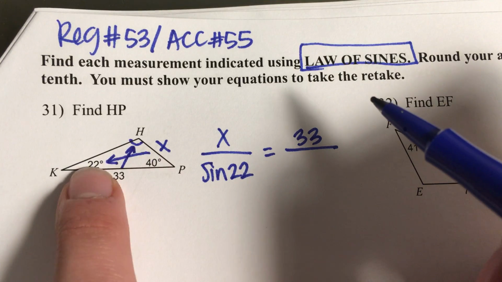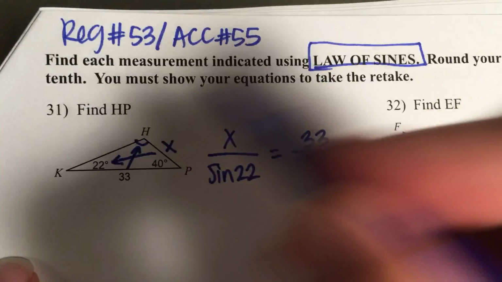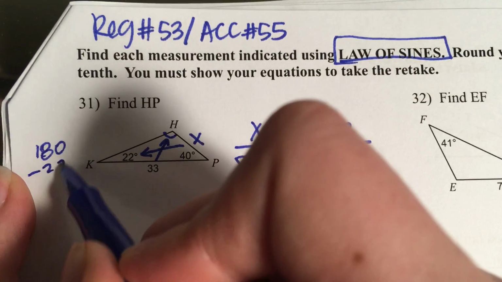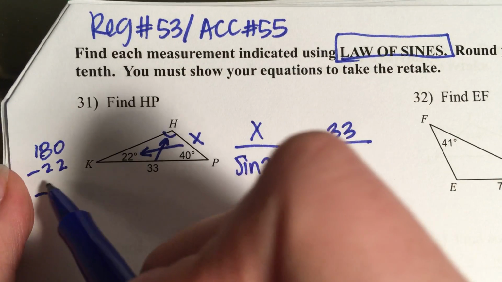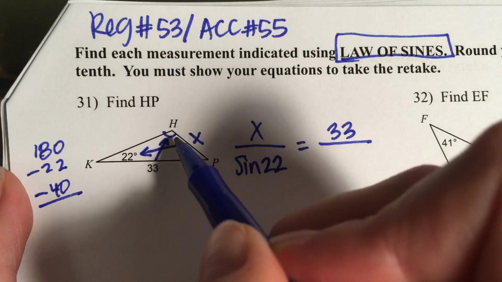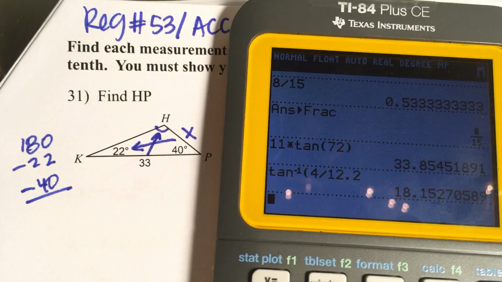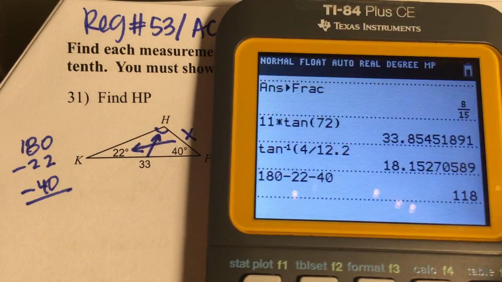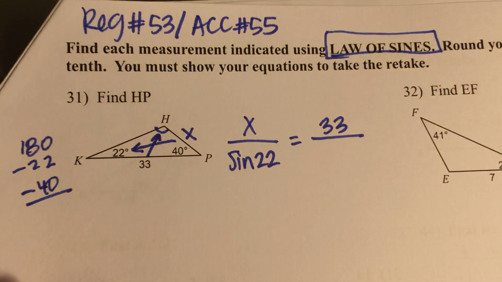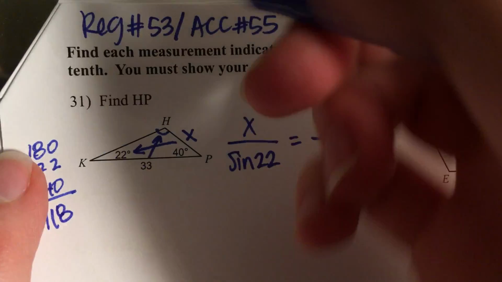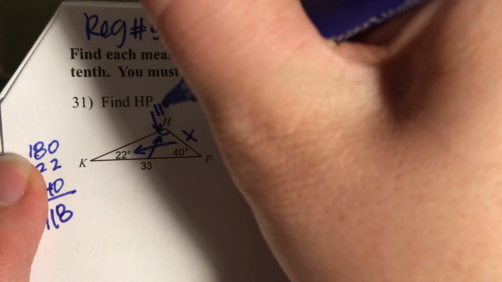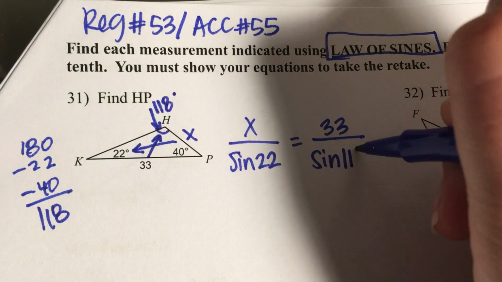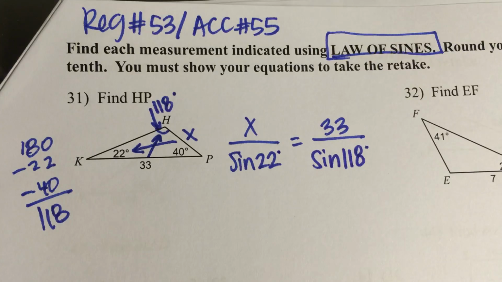I don't know what that angle is, but I know these two other angles, so I can do 180, all the degrees in a triangle, minus the 22, and then minus the 40 to figure out what that angle is there. So 180 minus 22 minus 40 gives me 118 left. So this is 118, which means that angle right there is 118 degrees. So this over here would be sine 118 degrees.